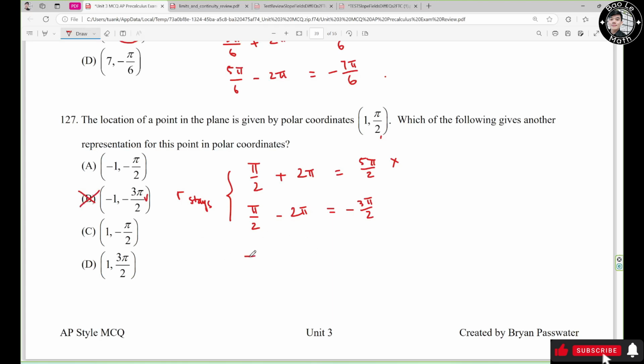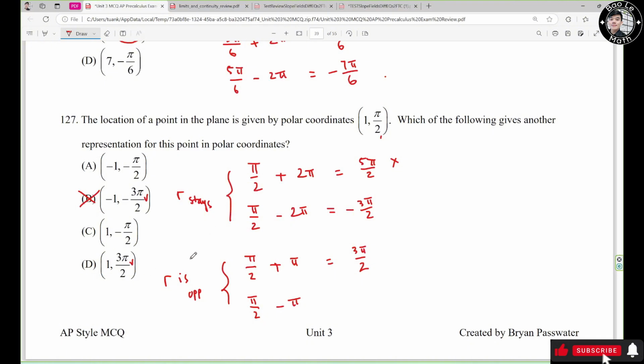Now, I'm going to add or subtract pi. So pi over 2 add pi, and pi over 2 subtract pi. In this situation, the radius is opposite. Now, this one becomes 3 pi over 2. I see 3 pi over 2 right here.